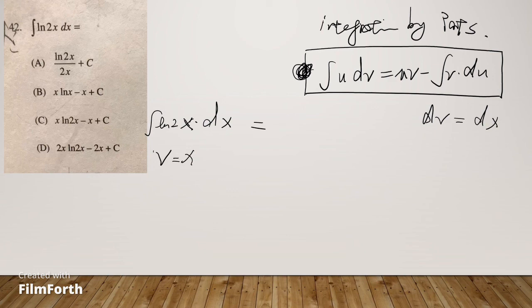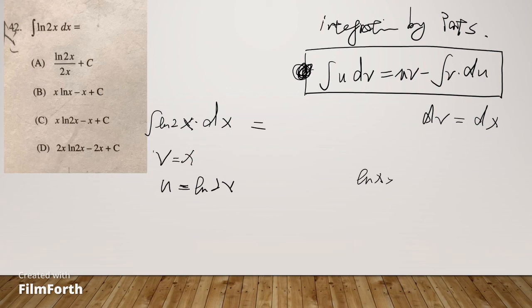So in our case, we set u to be ln of 2x. There is a sequence for choosing u when we use integration by parts. Normally, if there is a ln x in the integrand, we set ln of x equals u.